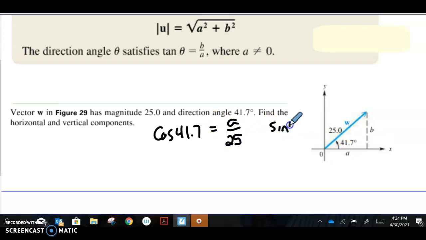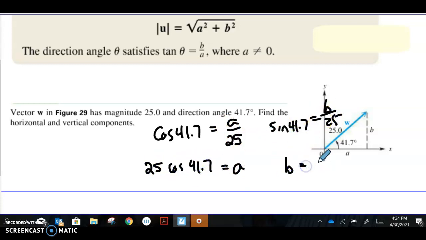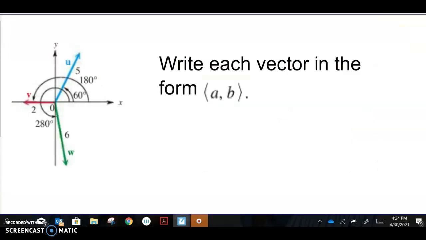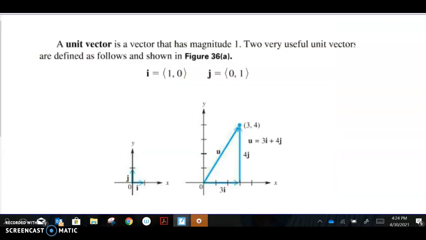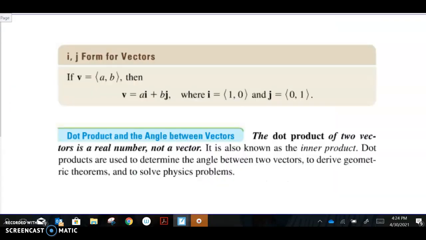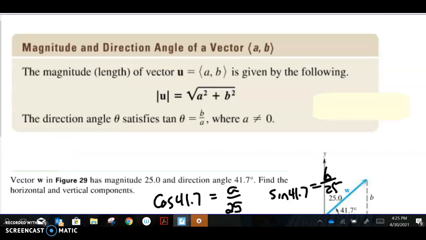And isn't the sine of 41.7 equal to opposite over hypotenuse? So a is going to be 25 cosine of 41.7, and b is going to be 25 sine of 41.7. Find the horizontal and vertical components. That's all we have to do. I could have told you that before I even showed you.